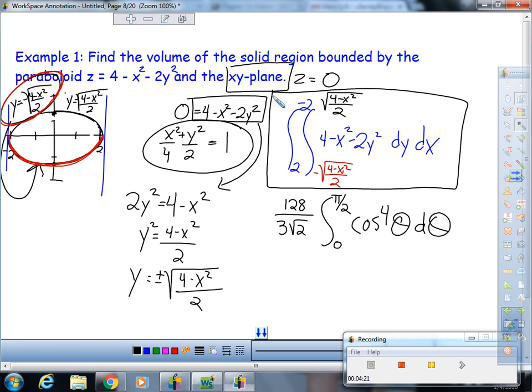All I'm talking about now is how we would actually evaluate the integral, for the people that don't know how to put this in their calculator. From here, you would just use Wallis's formula, which is from 7.3, and you end up getting 4 pi radical 2, and that's your volume.